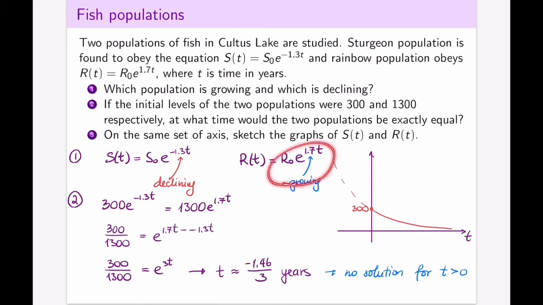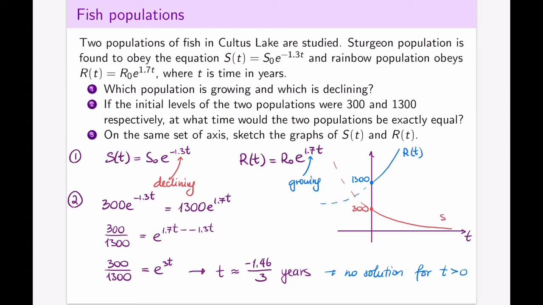For the rainbow trout, my initial number is 1300, so I'm going to sketch that. Now note that my sketch is not at all to scale, but just qualitatively showing what is happening. And the rainbow trout is in fact growing because the exponent here is positive, which means that I have an exponential function here that is in fact increasing.